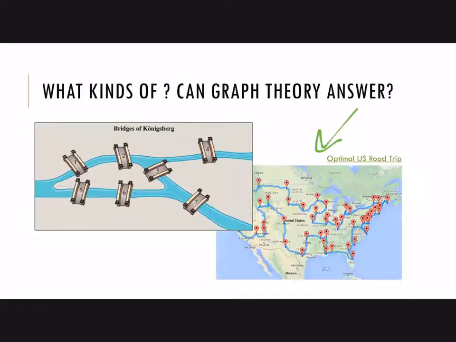And if you view the PowerPoint that goes along with this video, there's a link here to an article. And somebody actually came up with an optimal U.S. road trip that hits all 48 connected states. And it doesn't stop.